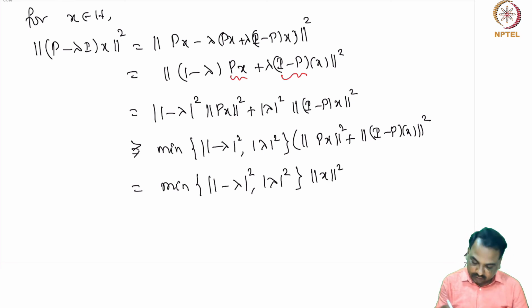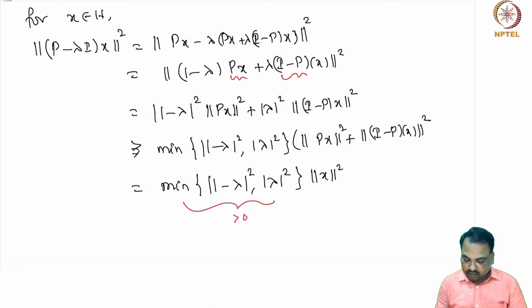So this is positive because lambda is not equal to 0, lambda not equal to 1.